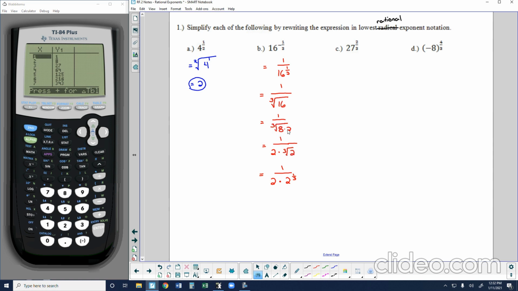And then we have 2 that's in a cubed root, which would be 2 to the 1/3. Now if I want to simplify this here, using our exponent rules, remember I have 2 bases that are the same, so this is basically 2 to the first power times 2 to the 1/3 power. So I can write this as 2 to the 1 plus 1/3, or 1 over 2 to the 4/3 power.